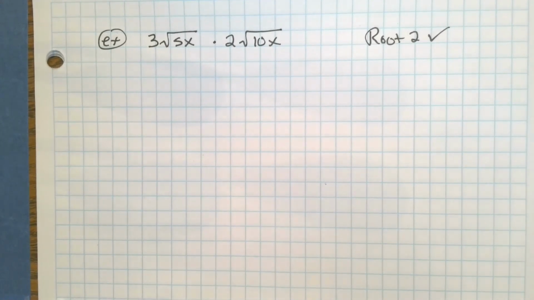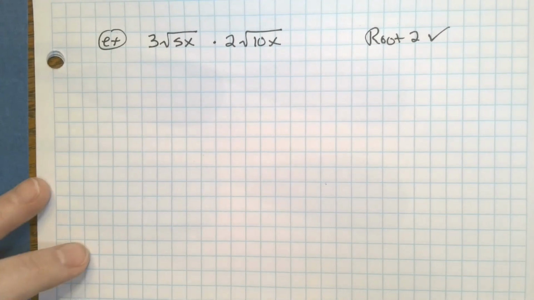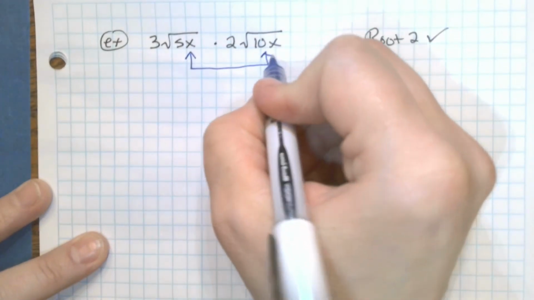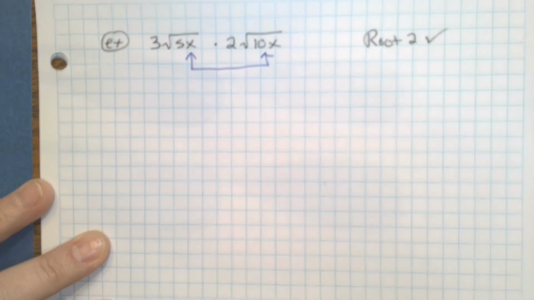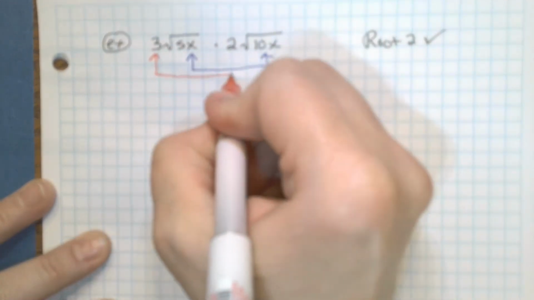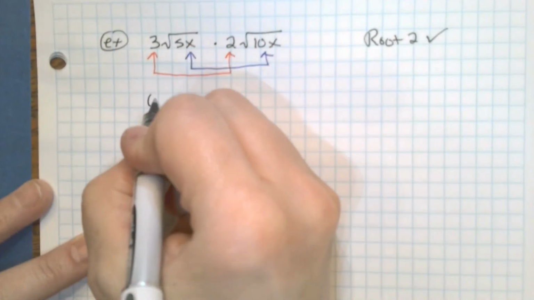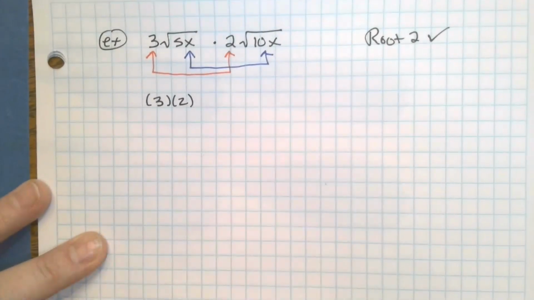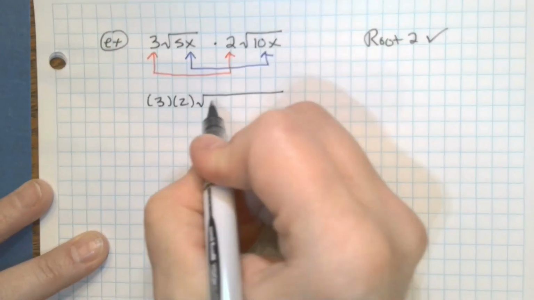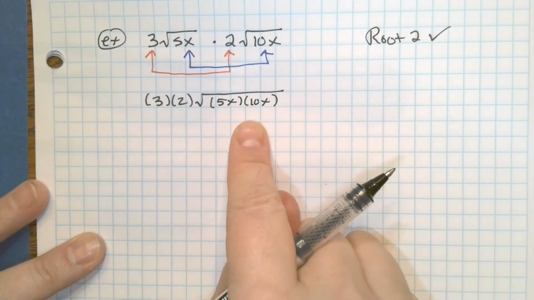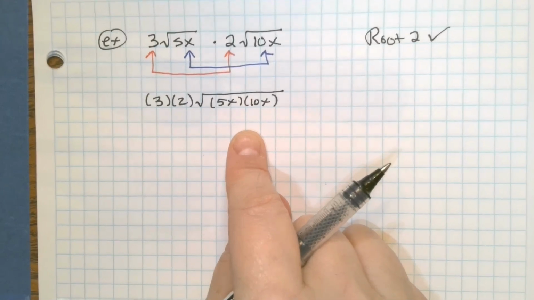All right, following the directions that we just wrote down, you're going to start by multiplying the radicands together, and then you're going to multiply the scalars together. So our scalars are 3 and 2, so 3 times 2 will go to the front. Our radicands are 5x and 10x, and they get multiplied under the same radical.